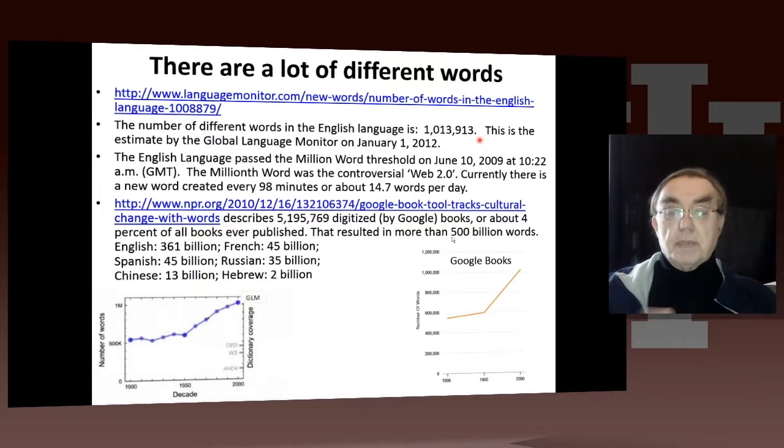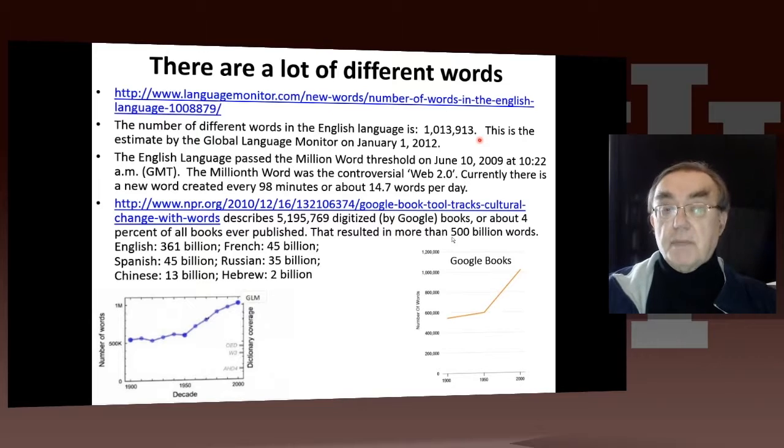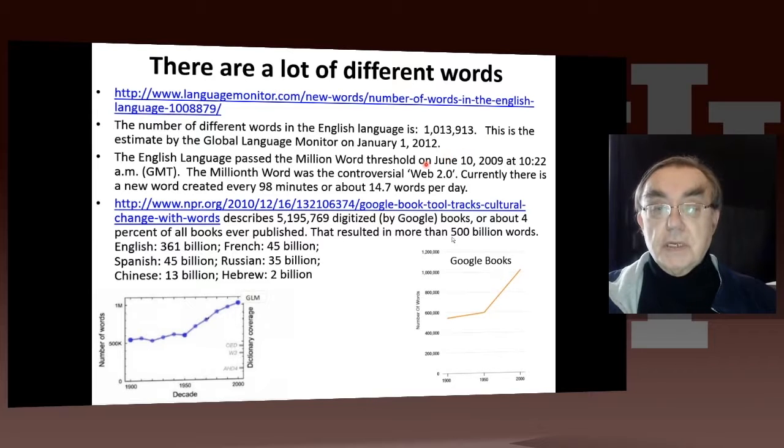So all the documents are going to be classified into what words they have and how many entries in each word. And according to this survey in 2009, the English language crossed the 1 million word threshold. And that 1,000,000th word was the interesting word, Web 2.0. And currently a new word is created every 98 minutes.